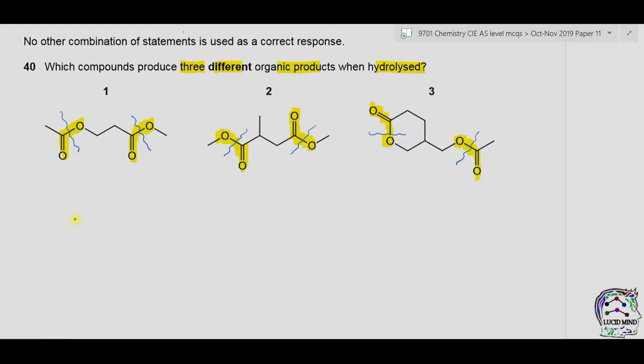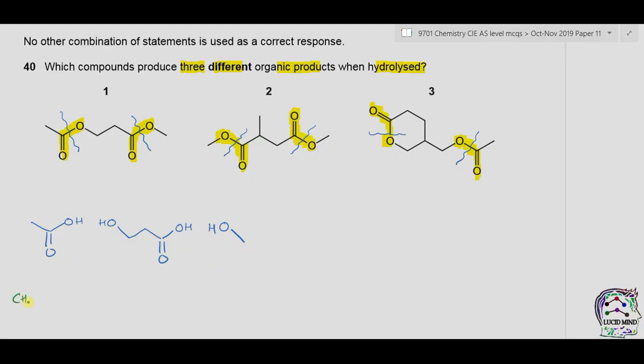The products will be like this. The carbonyl carbon portion forms carboxylic acid, while the other oxygen forms alcohol. Similarly, this carbonyl carbon will form carboxylic acid and this other oxygen will form alcohol. So 3 products are formed.